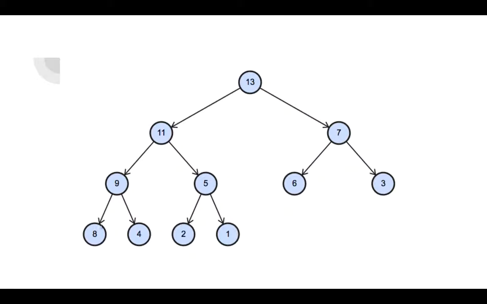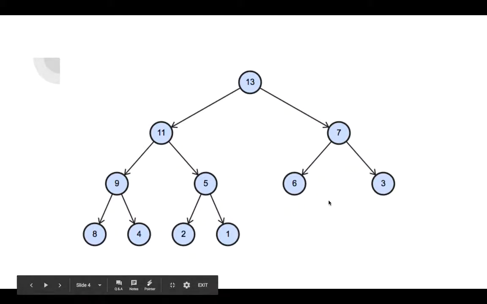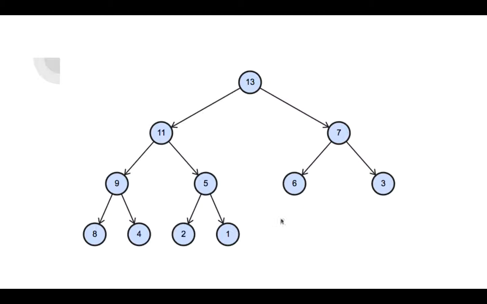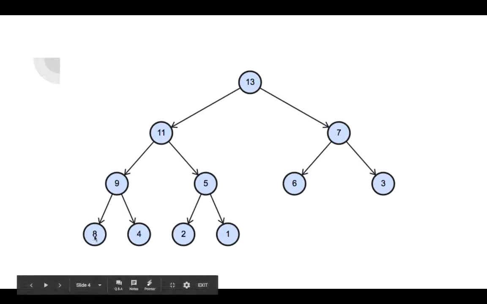Except for the last level, all the levels are completely filled. So that was our first condition. The second condition is that all the leaves in the last level should be as far left as possible. This means that there should not be any gap between the nodes of the last level.